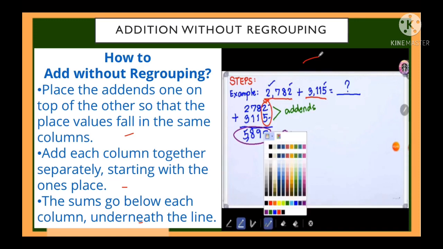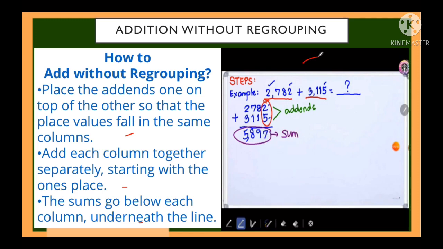So I will put here another set of numbers: 18,092 plus 1,806 equals blank.